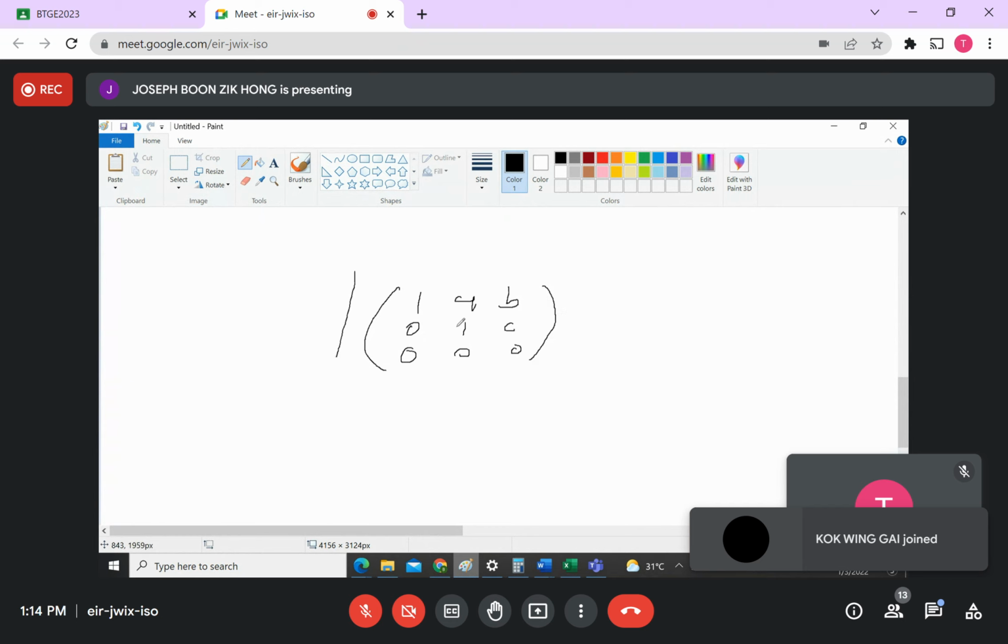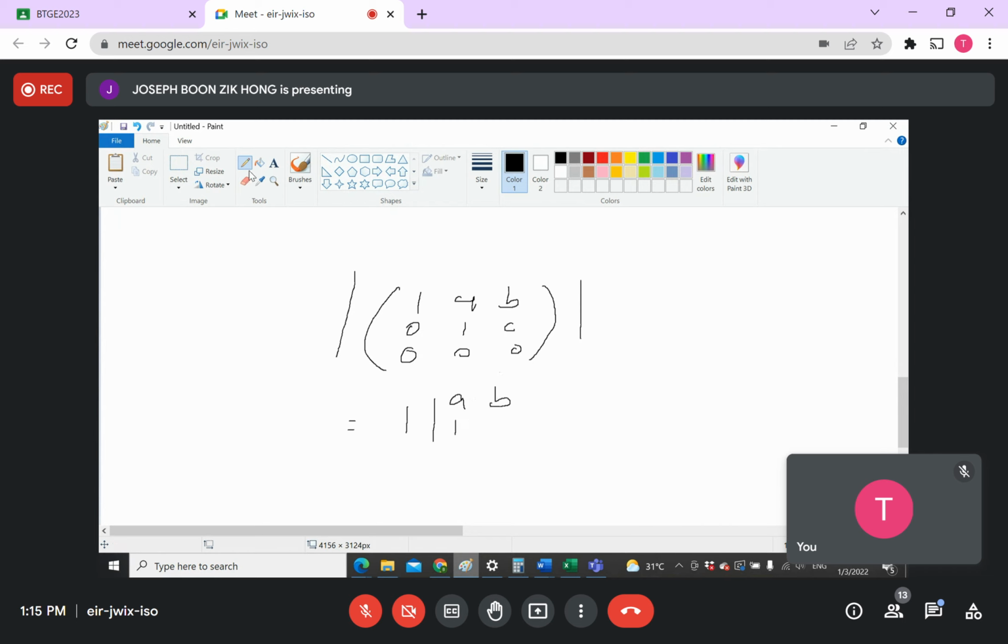Okay, if you want to find the modulus of this one, let's say I take the first column. So 1 times the 1 times the A1B. Oh, sorry, this one should be 1.